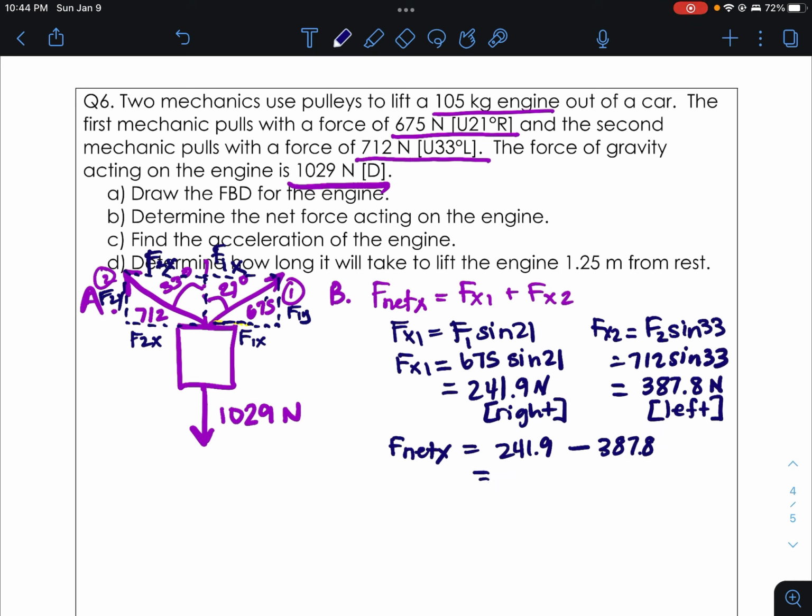So in the x direction, we get negative 145.9 newtons, or 145.9 newtons left.